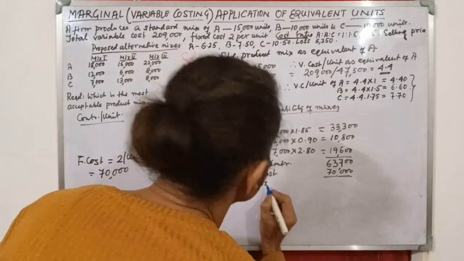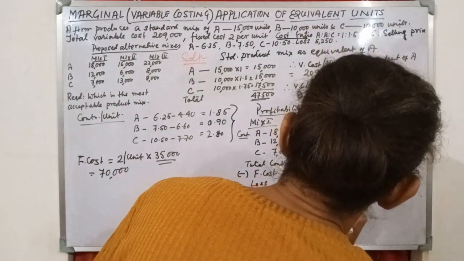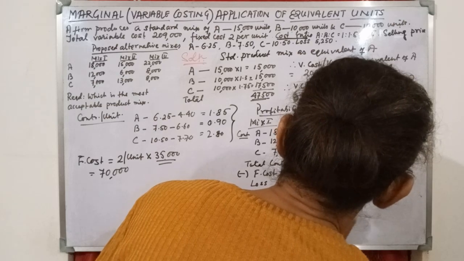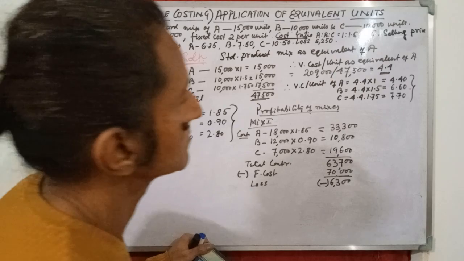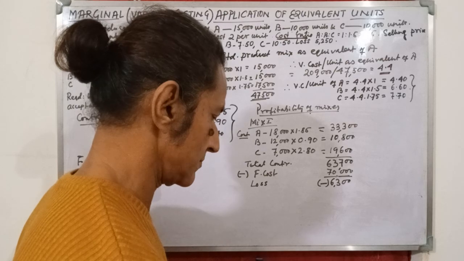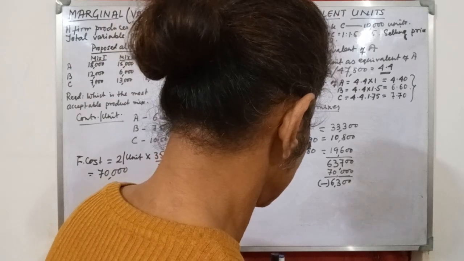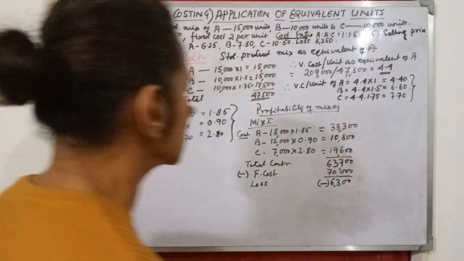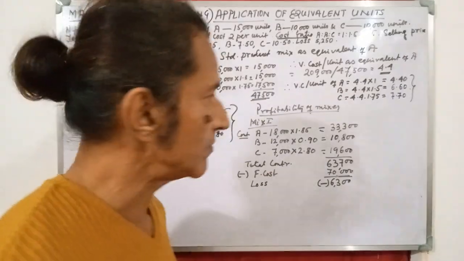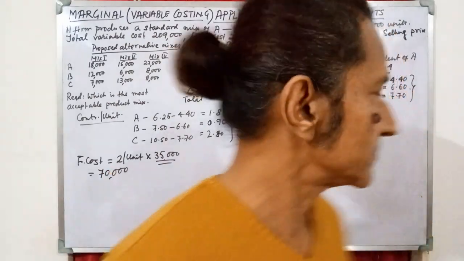So here loss is 6,300. 6,300 is a loss the firm would incur if the firm adopts product mix 1.